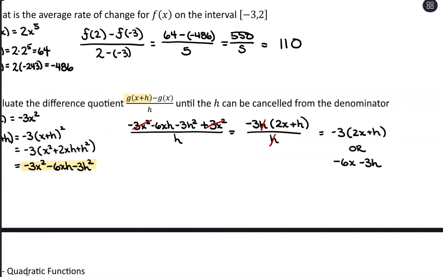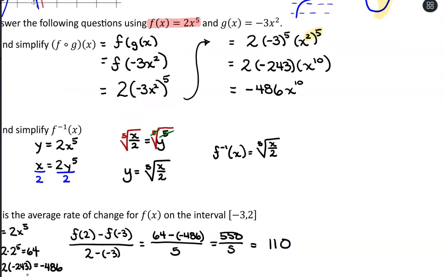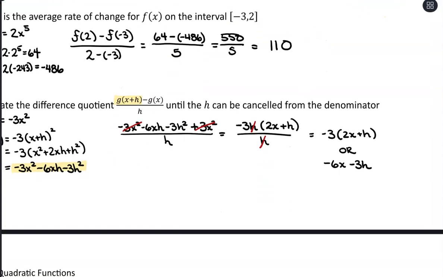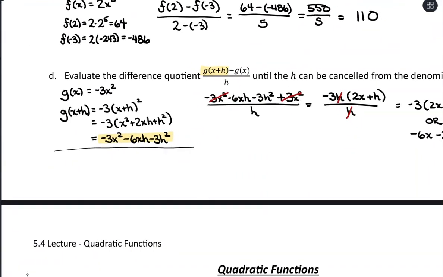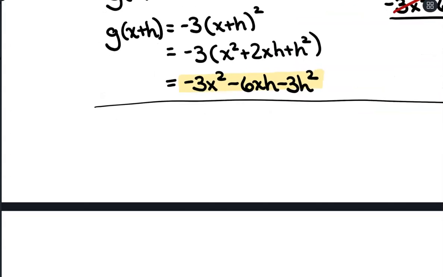Okay, let's talk real quickly about why I did not do a difference quotient with the 2x to the 5th. And we could, it's very possible, but what we would need, so f of x is 2x to the 5th, and what I would also need is f of x plus h, and I would need to simplify it.